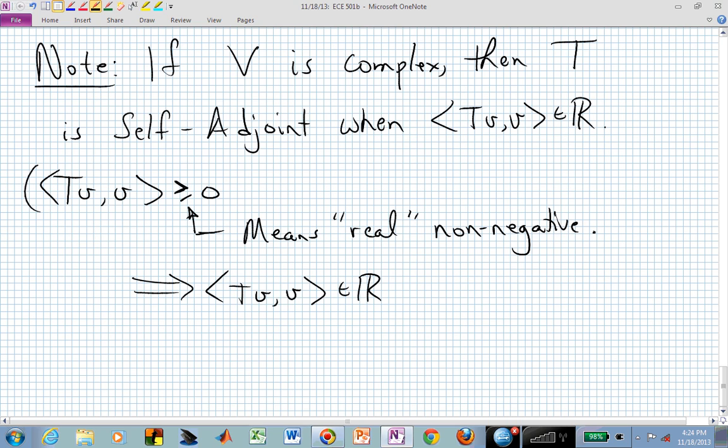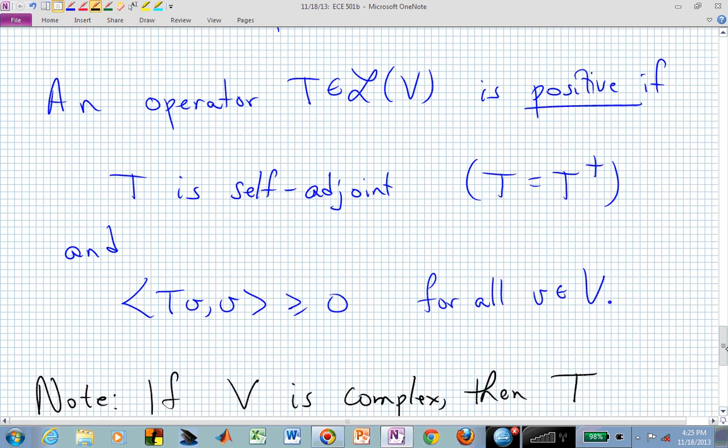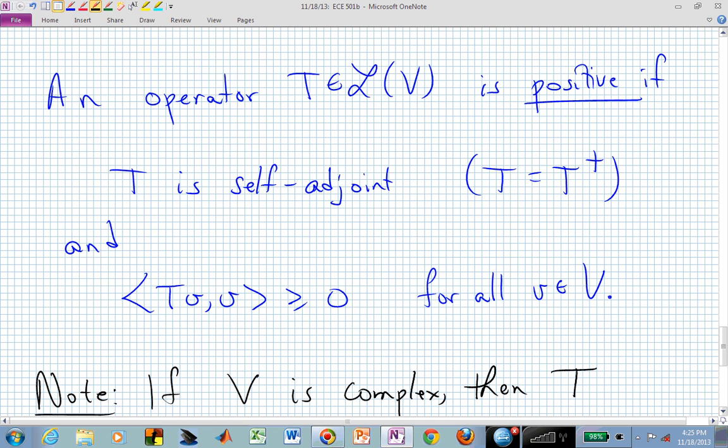But if we have <Tv, v> being real, then corollary 7.3 says that that operator T is self-adjoint. Meaning if we have <Tv, v> being real, then corollary 7.3 implies that T was self-adjoint, and so we really don't need to also say that T is self-adjoint in that definition of T being positive.